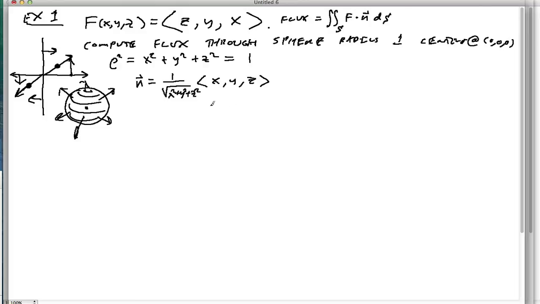Okay, that's the normal. This is not getting easier though, right? So this is a difficult function to compute. So it's worth it to switch to spherical coordinates.